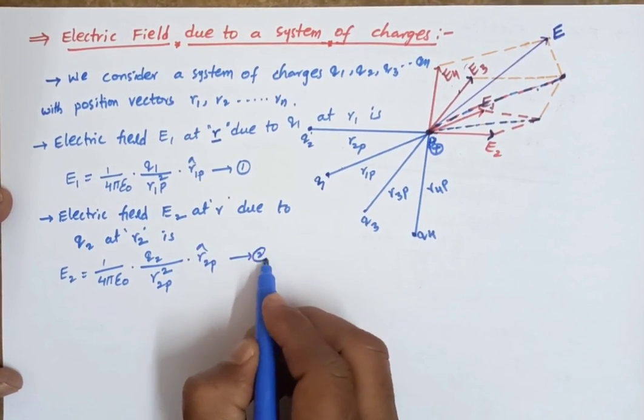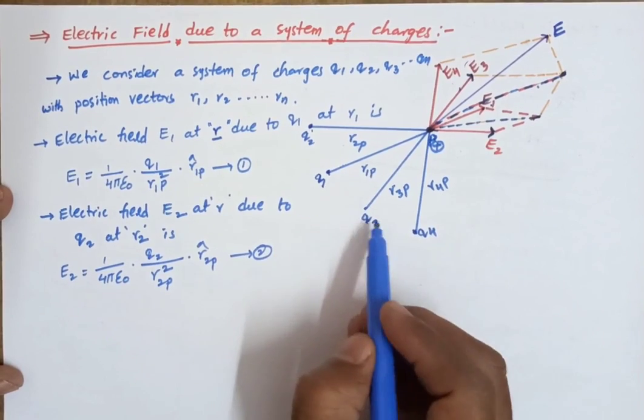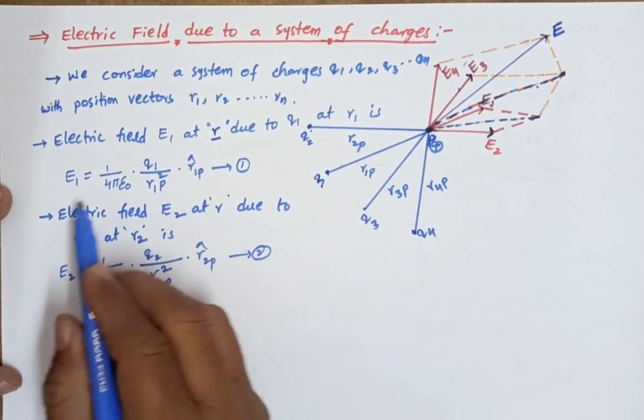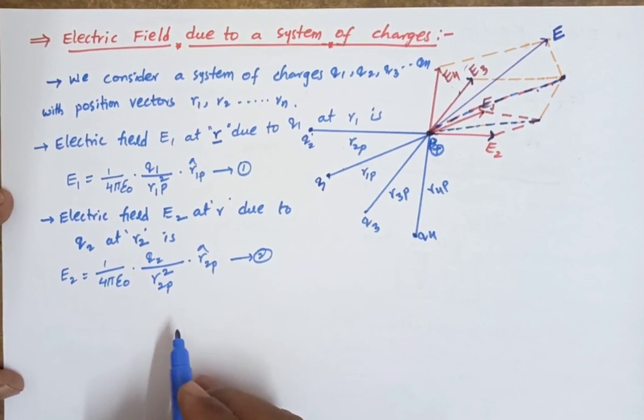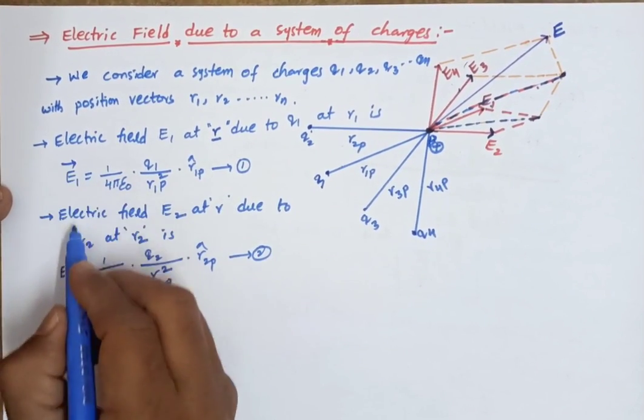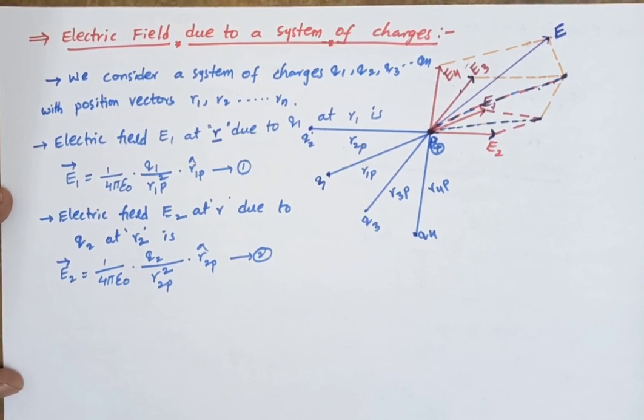This is equation number 2. For Q3 and Q4, we similarly write E3 and E4, like E1 bar and E2 bar.